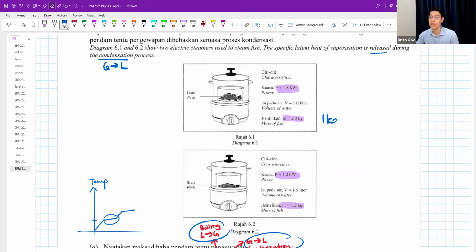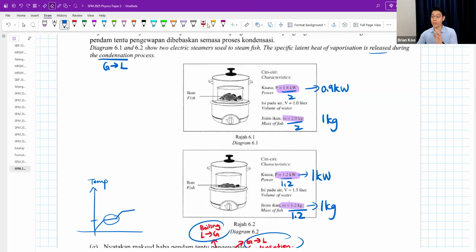If it's a 1 kg fish, I'm going to divide by 2 to get 1 kg, and the power would be 0.9 kilowatt. Now, if this fish was 1.2 kg, how to get 1 kg? You divide by 1.2, you will get 1 kg. Now 1.2 over 1.2, you get 1 kg. This one, when I divide by 1.2, I'll find out that it is 1 kilowatt.